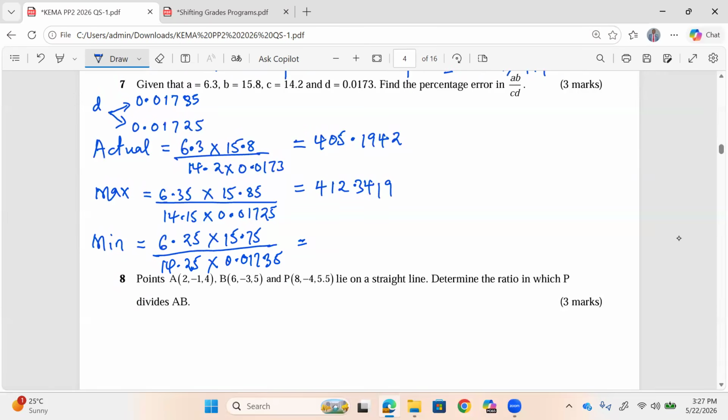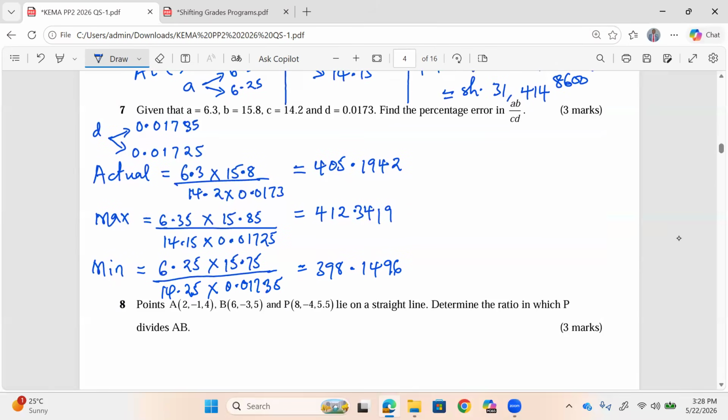This is exactly 398.1496. So you can see the accuracies. Just check the accuracies like that.